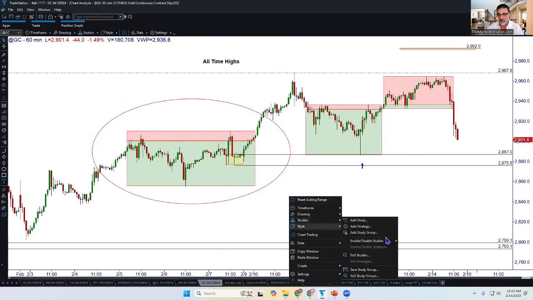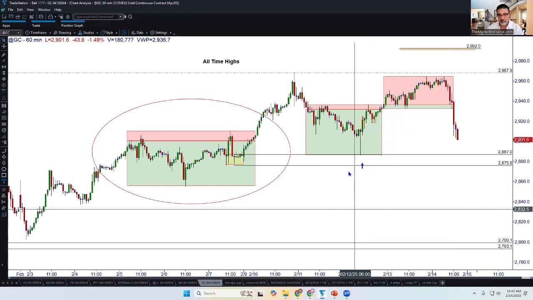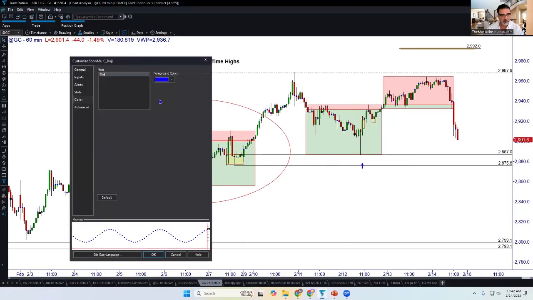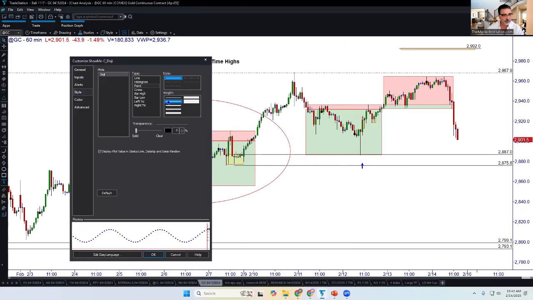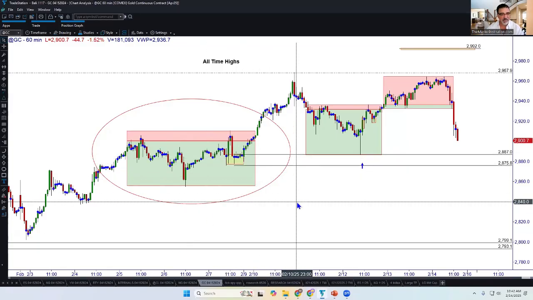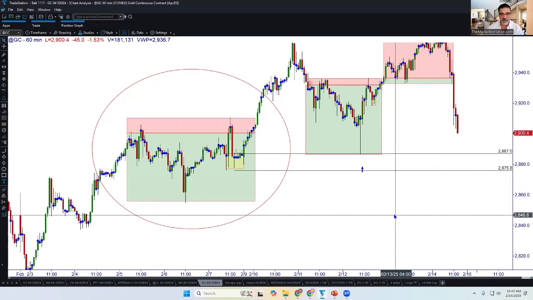And we do this with this particular platform. We put a little blue dot on them. I'm just going to make that blue dot a little bigger. So every candle that has a blue dot on it is a base candle.